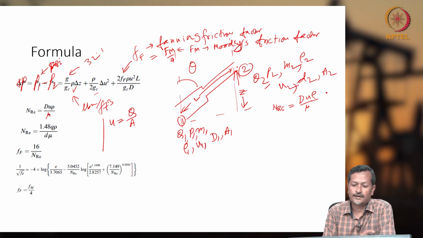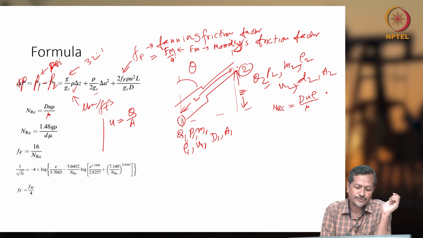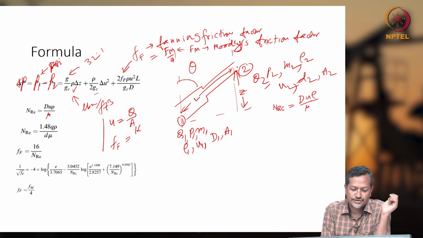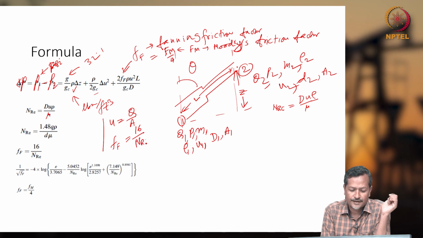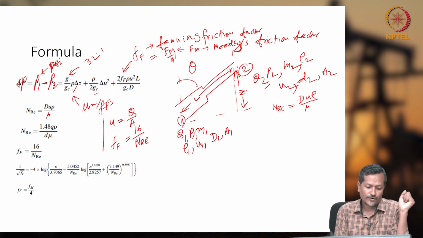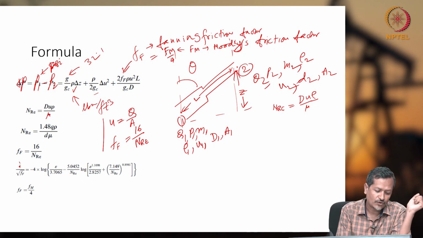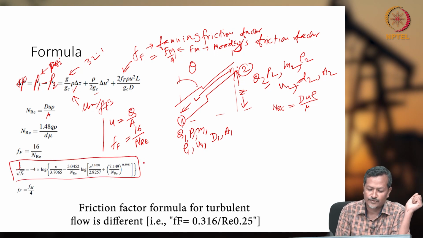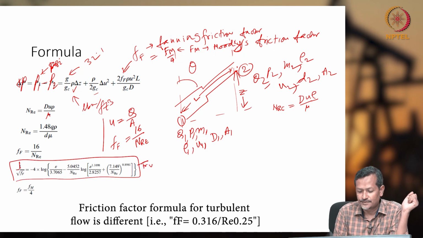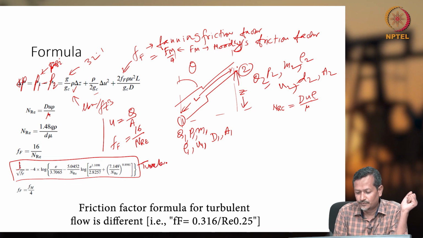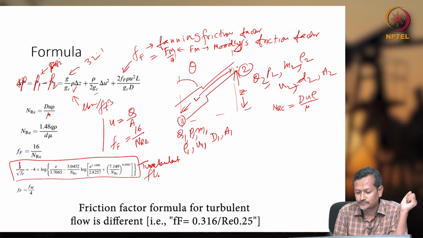Now if you have laminar flow, then the friction factor value you can calculate by simple manual calculation, 16 by NRe. But for turbulent flow, normally we use this equation, 1 by square root of f, this big equation for turbulent flow.